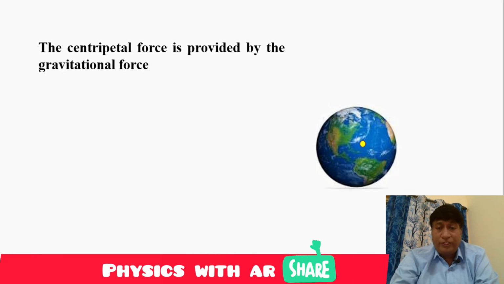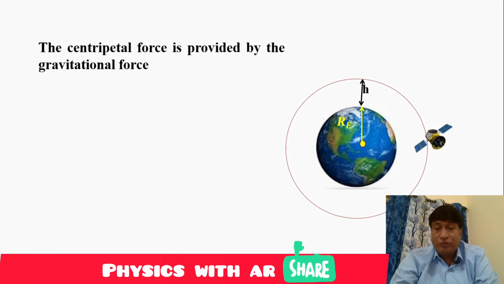From the figure, we can understand it like this: Re is the radius of the Earth and h is the height of the satellite revolving around it. Based on this, we are now going to prove the time period.